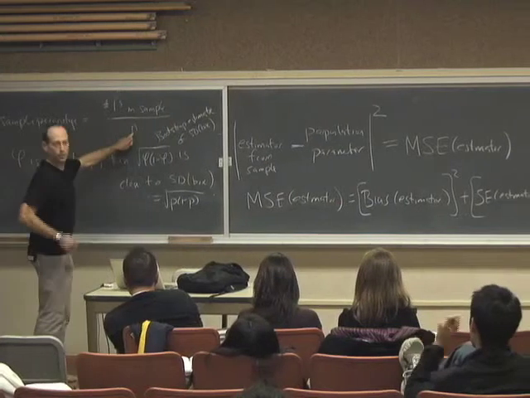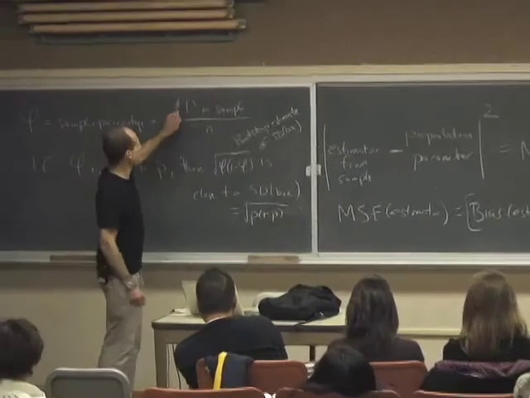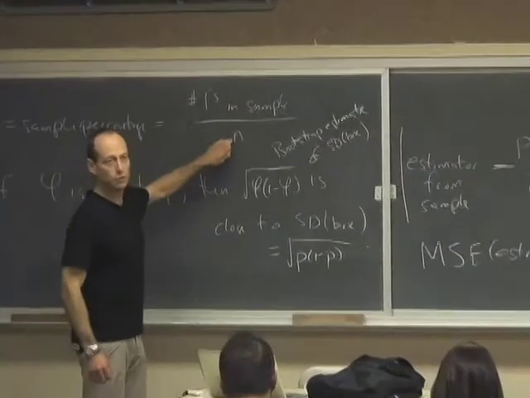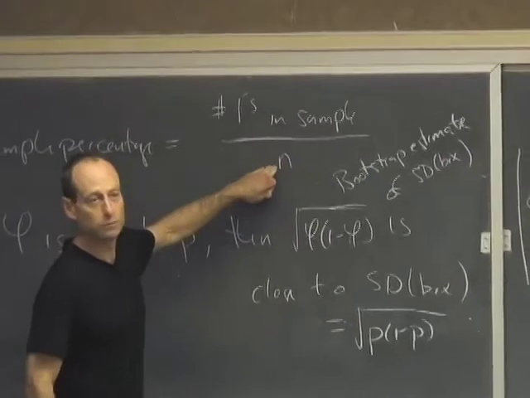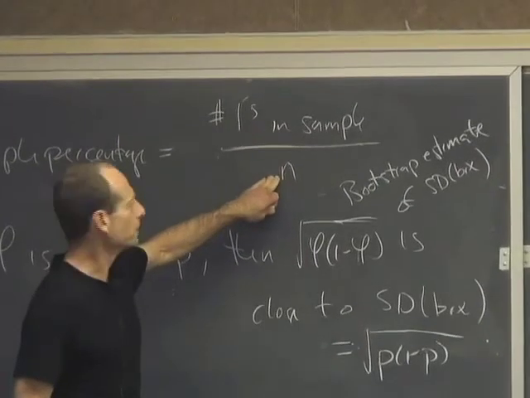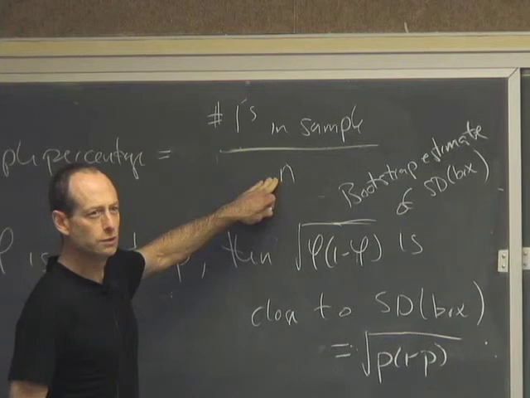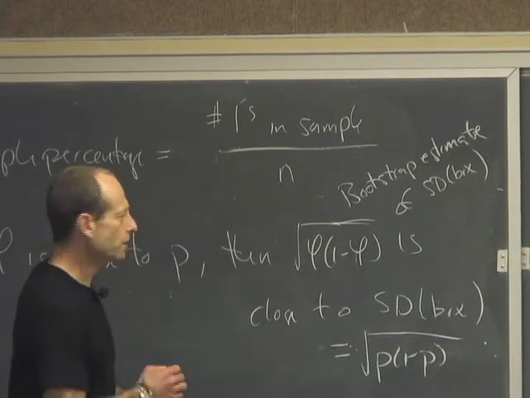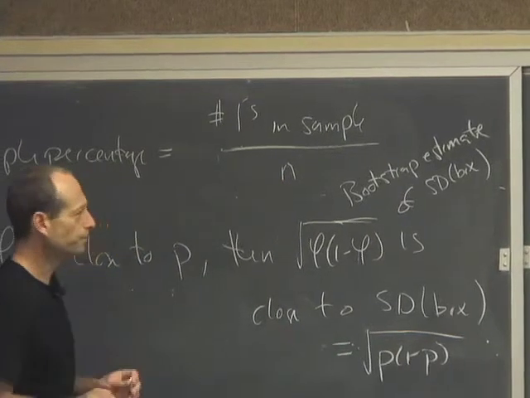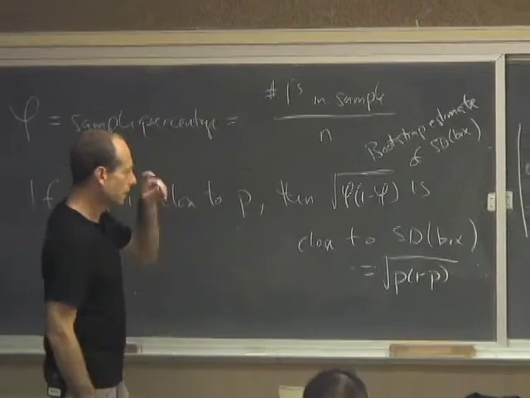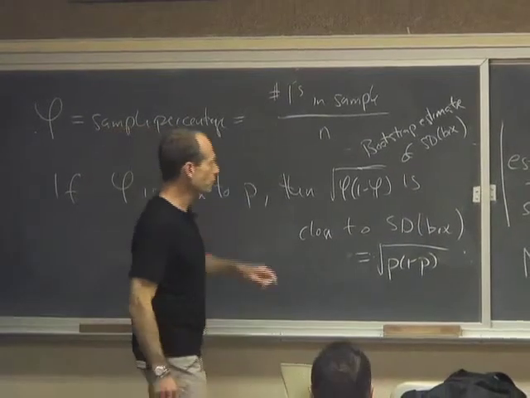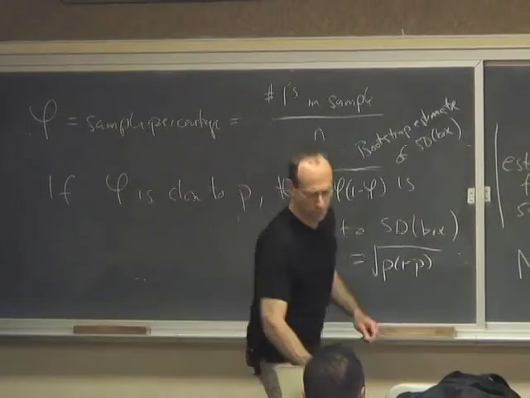Little n is the sample size, right? This is the sample percentage, so it's how many ones there are in the sample divided by how many things you looked at. Okay. So far, so good? This bootstrap estimate of the SD of the box, I think I'm calling S star.